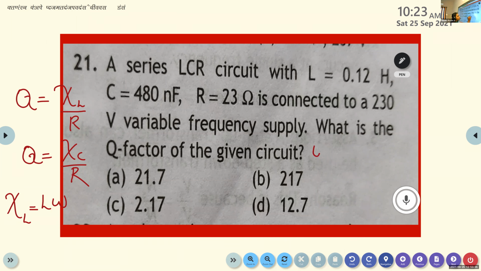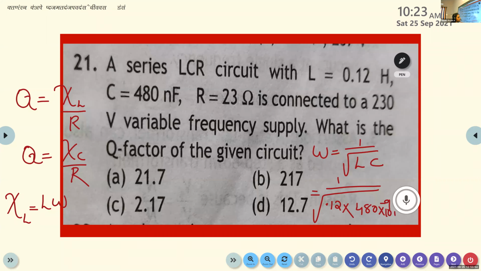Omega is equal to 1 by root of LC, that is equal to 1 by root of inductance 0.12 into capacitance. Capacitance is 480 nanofarad, that is equal to 480 into 10 raised to minus 9. Conversion of nanofarad to farad is into 10 raised to negative 9. 480 into 10 raised to minus 9 farad.